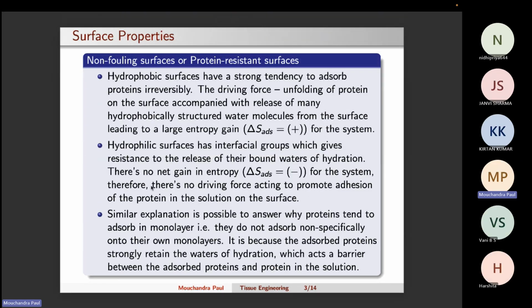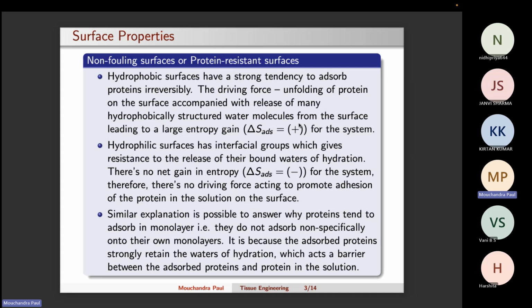Now let's understand what these three points are saying, because they are going to help you understand why this observation is prevalent in nature. Hydrophobic surfaces have a very strong tendency to adsorb proteins irreversibly. The driving force for the protein adsorption is unfolding of the protein on the surface, accompanied by the release of many hydrophobically structured water molecules from the surface, leading to a large gain in entropy for the system.